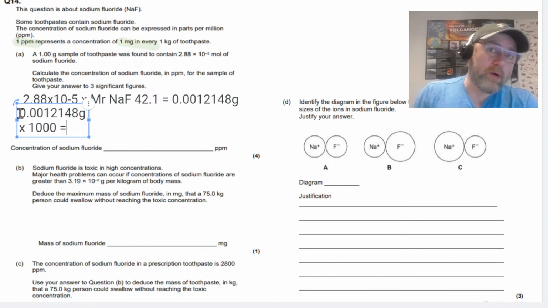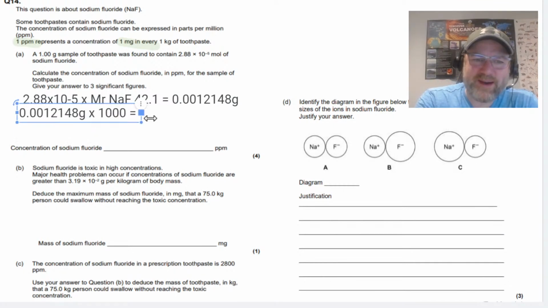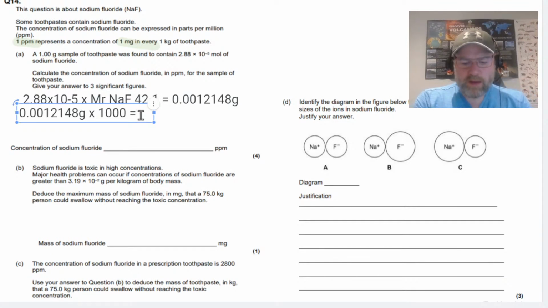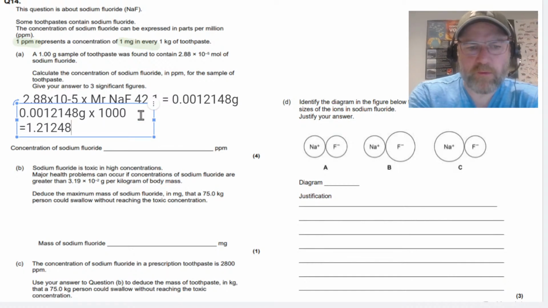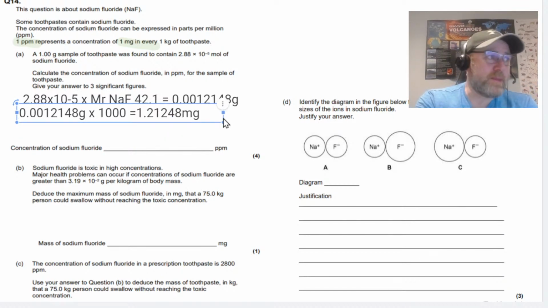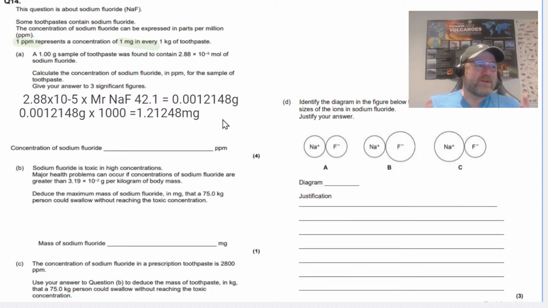So on the way down the scale, you always times. So we're going to convert this back into milligrams. So I think we're just going to dash 3 zeros there, and we're going to have 1.2148, and that's milligrams.